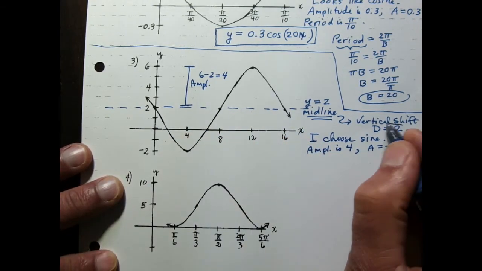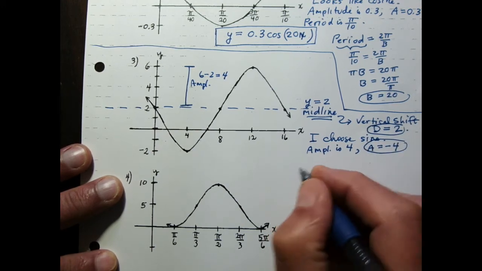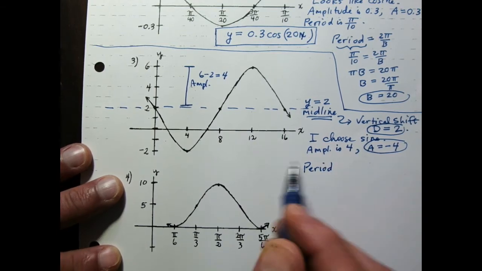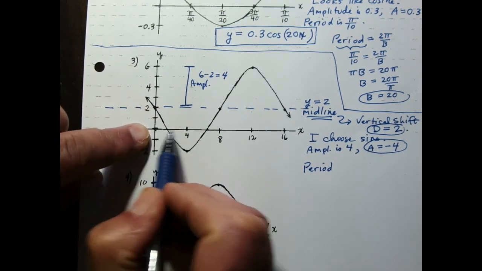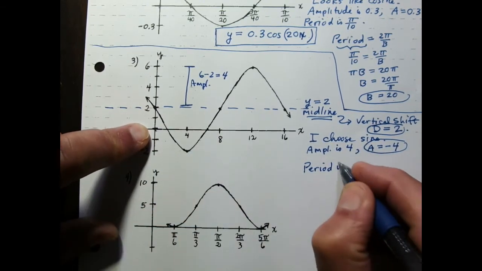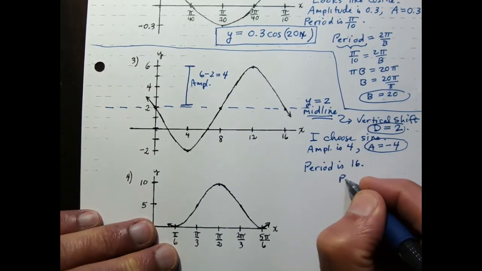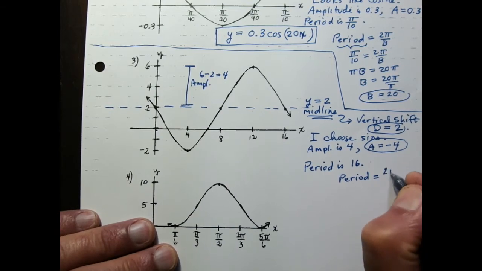So I got a D, I got an A, now that's my period. Period goes from x equals 0 out to x equals 16. Okay, so here we go again using that formula for b backwards, right? Period is 2 pi over b.